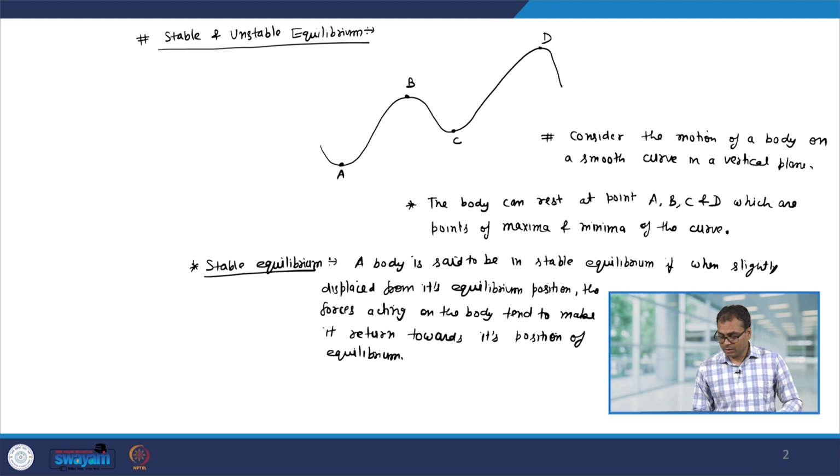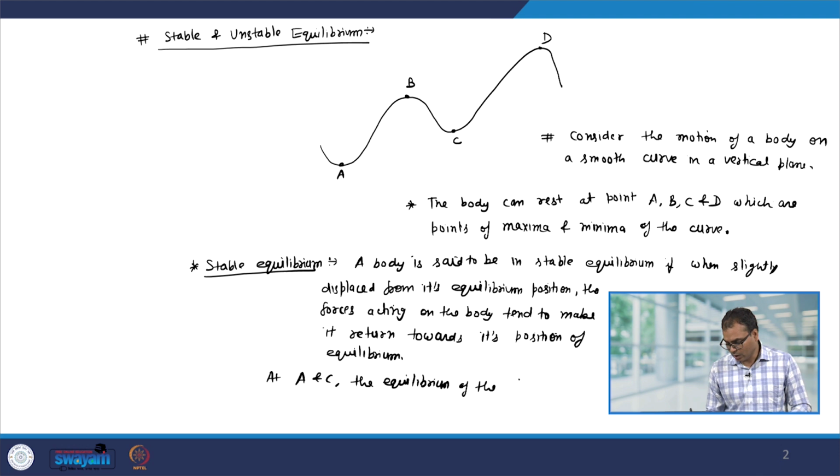As per the definition, you can see that the stable equilibrium is those points wherein if you displace the body, then the body will have a tendency to return towards its position of equilibrium. Now, from here it is clear that at A and C, the equilibrium of the body is stable, because if you move the body away from these points, then it has a tendency to return to the same point.